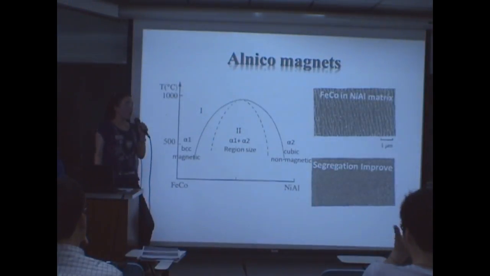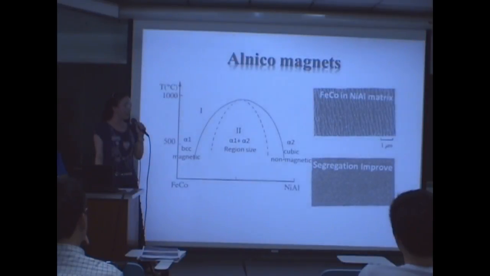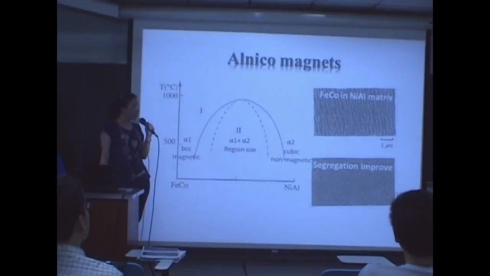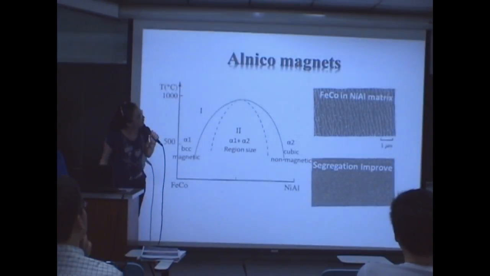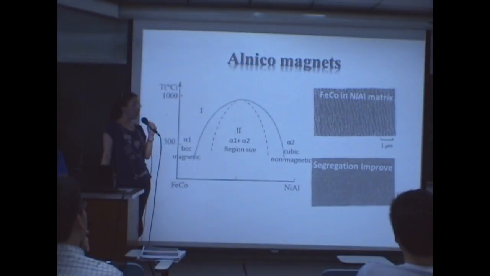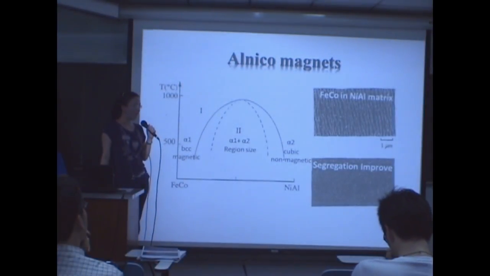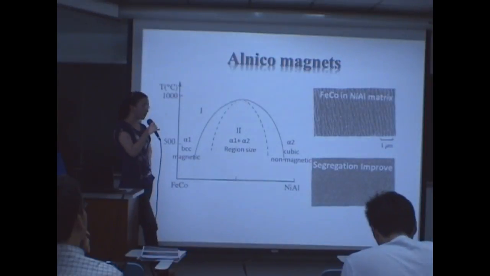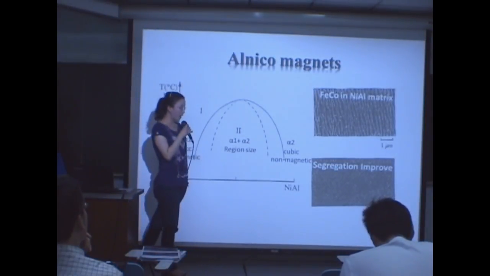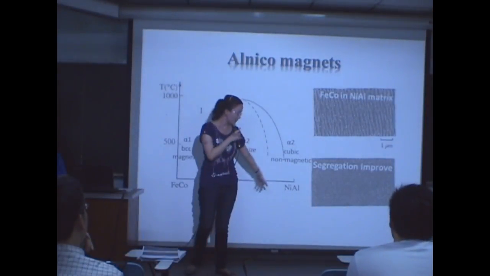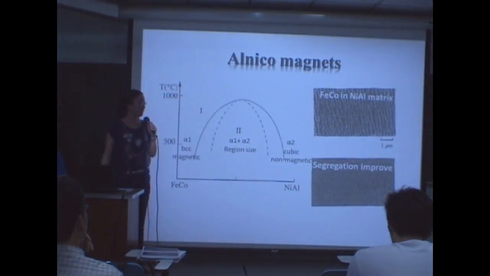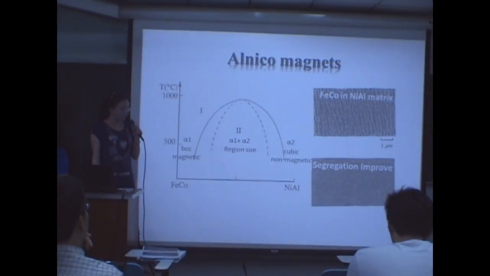When I apply the external field during the spinodal decomposition, cooling from 1200 degrees Celsius, we can find iron cobalt particles precipitated and aligned parallel to the field in the nickel aluminum matrix. And the phase segregation can be improved at nearly 600 degrees Celsius. From this picture we can see it is very obviously clear.